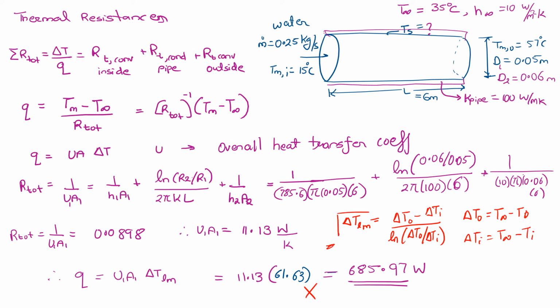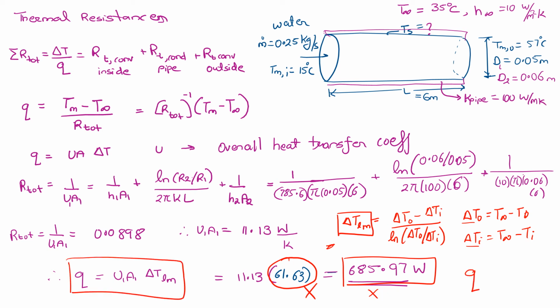So your delta T Lm will be different from this value here, and your solution will not be 685.97, but I want you to calculate these values and substitute in this equation here and find the value of Q.